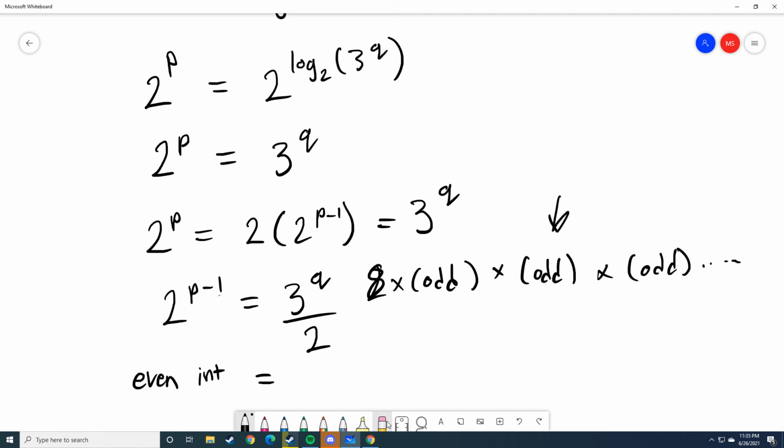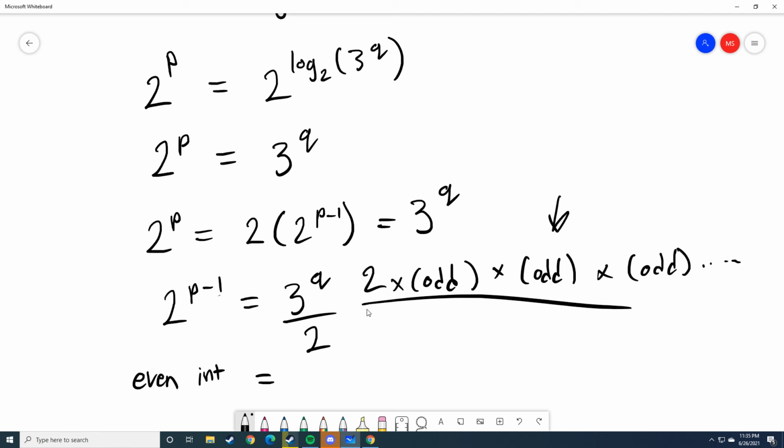It's divisible by 2. But the problem is that if you multiply all odd numbers together, you're only going to get an odd number. To have an even number, you need to have at least one even number in the chain of multiplication, such that you can then divide by that, making it divisible by 2.